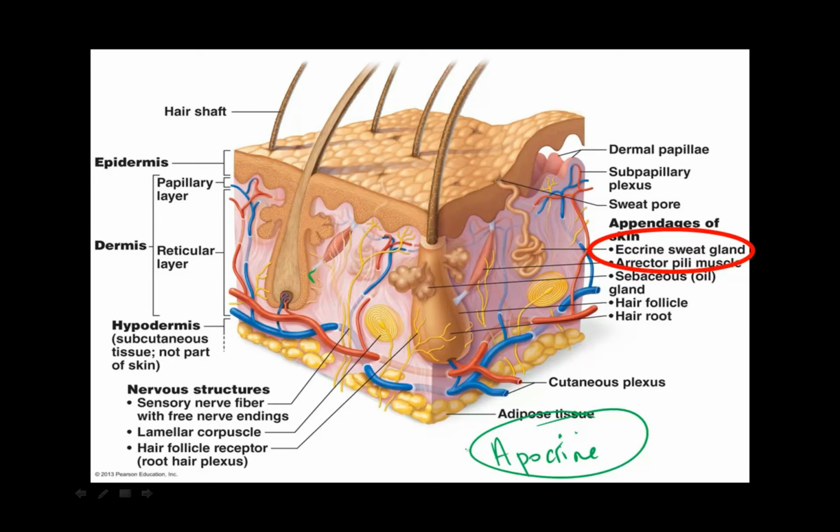We now know that that's not true. They actually release their products by eccrine methods. So it's just the secretion itself, just the exocytosis event that takes place. However, because we named them apocrine sweat glands before, we don't change the name. So apocrine sweat glands actually release their product by an eccrine type of secretion.